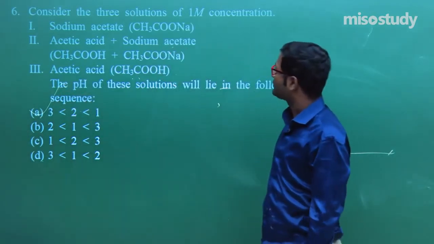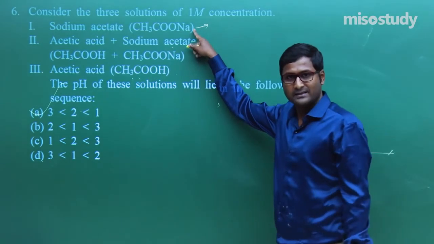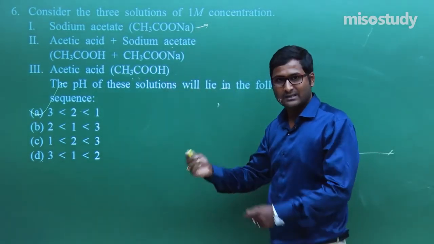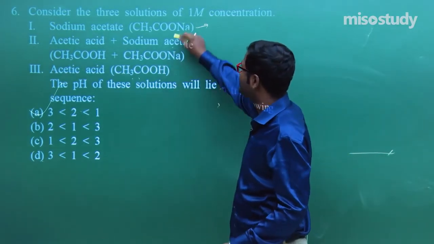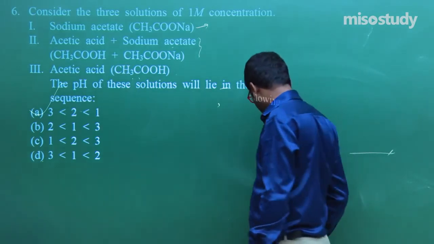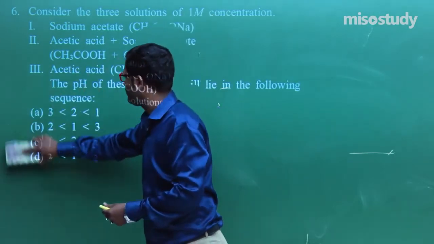This is the correct option. Clear to you? This one comes from a strong base and weak acid, high value. This one is a weak acid, so it will have a slightly lower value of pH, and this one is a buffer, ranging between this and this. So 3, 2 and 1. Clear? Now friend, I am going to rub this part and we'll discuss the next question.